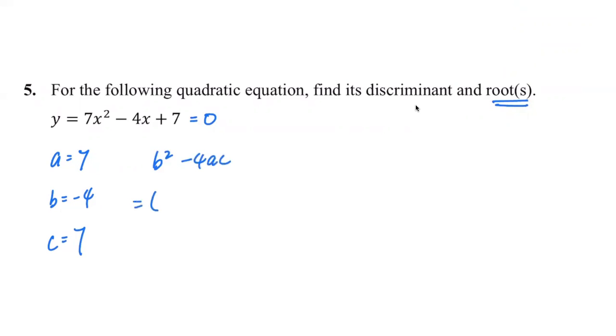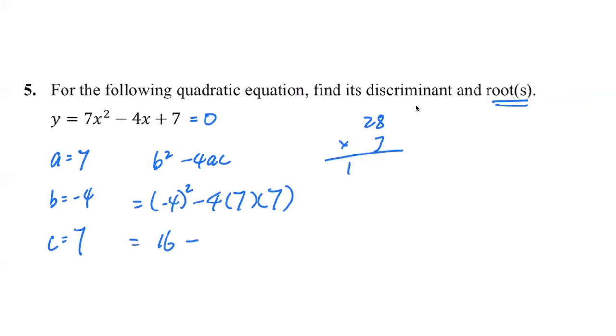All right, now let's first take care of the discriminant. So b squared minus 4ac. 16 minus 28 times 7. 28 times 7 is 140 and 56, so 196.